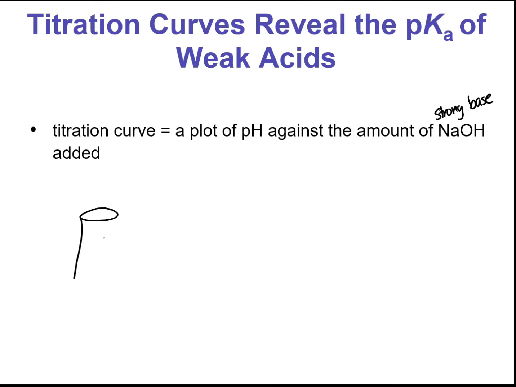This is an experiment that you might do in a biochemistry lab class. So let's say that you've got a flask here and it's got a known concentration of an acid that you care about. Let's say that it has an amino acid in it.